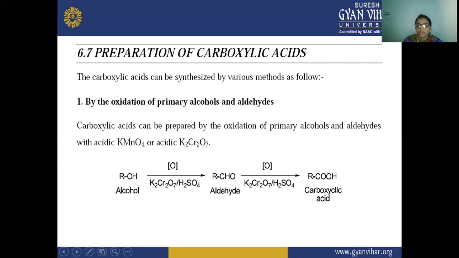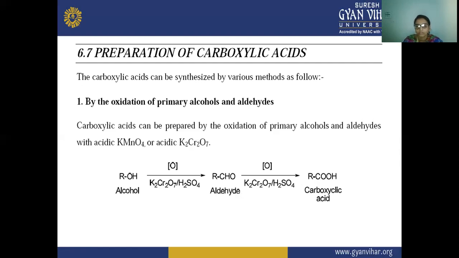This reaction we have already discussed in the topic of aldehyde and alcohol, where we discussed the preparation of aldehyde from primary alcohol, and in the chemical reactions of alcohol, where alcohol forms aldehyde, and from alcohol a ketone is also formed. So this is one reaction that is used for the formation of carboxylic acid.